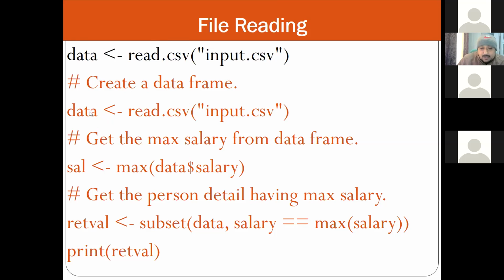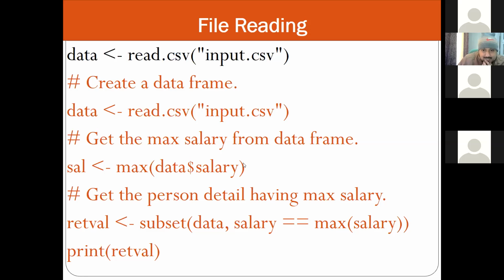You write data, then the dollar sign, because when we specify a column the syntax is the dollar sign: data$salary. Then you can apply the max function on the salary, and that will be transferred to the variable.